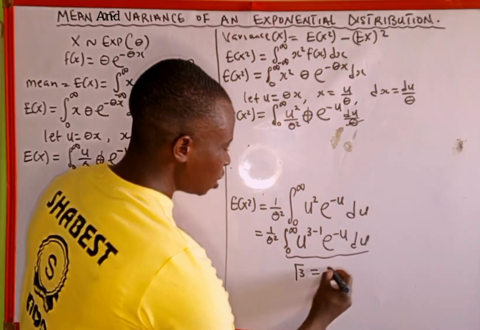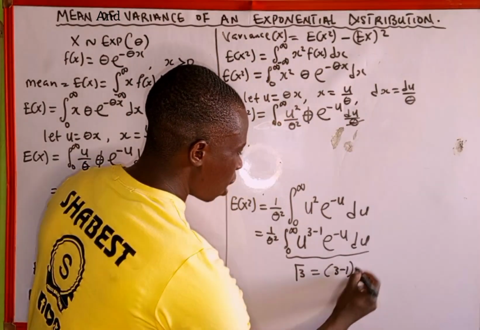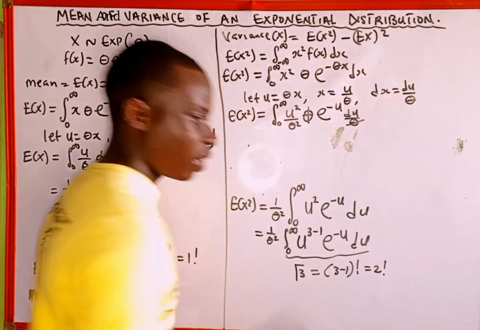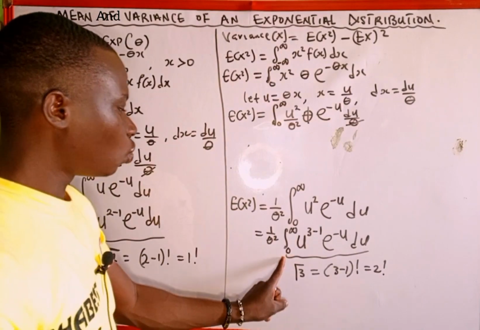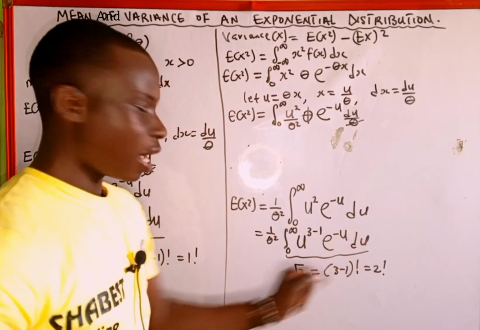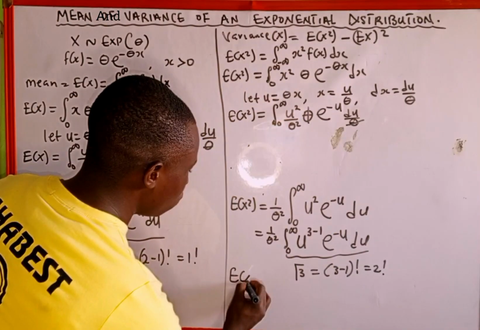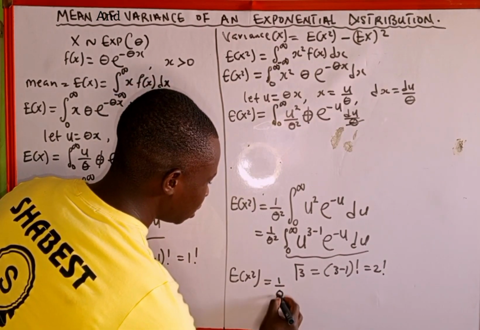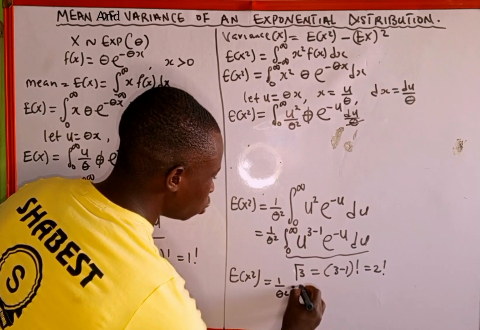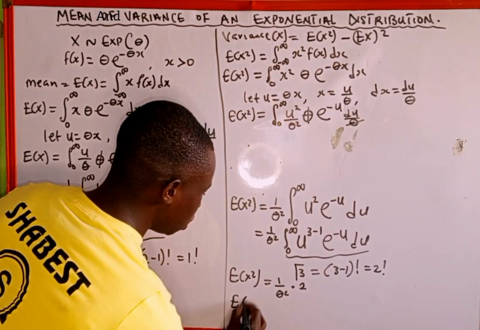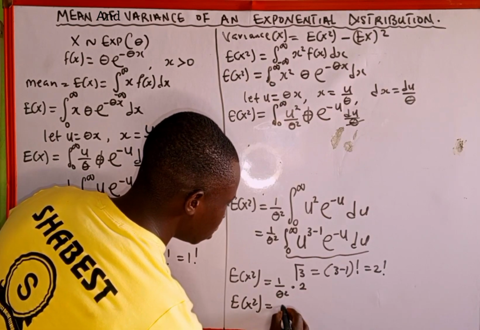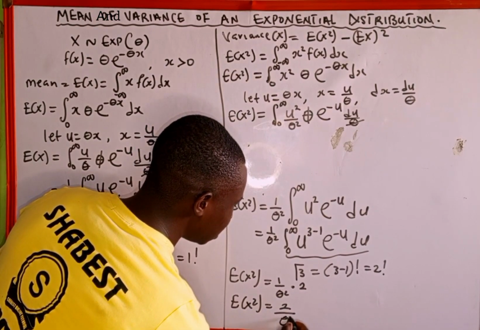Gamma of 3 is the same as 3 minus 1 factorial, which is 2 factorial, and 2 factorial is 2. Therefore, the whole of this is the same as 2. So the expected value of x squared will be equal to 1 all over theta squared multiplied by 2, which is 2 all over theta squared.